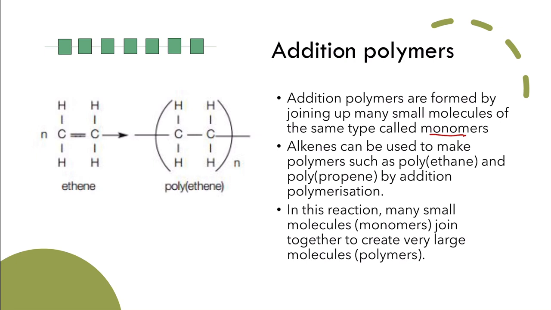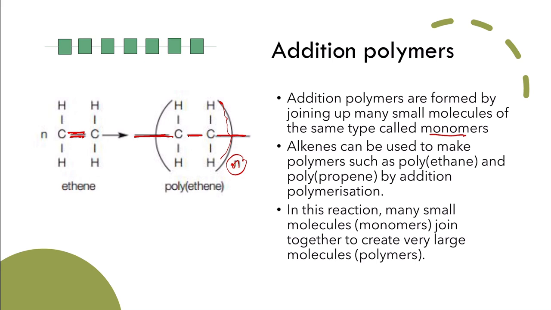To draw the structure of the polymer from the monomer, what you need to do is remove the double bond from the alkene and replace it with a single bond, and then add extra single bonds to both sides of the carbon atoms, and then you add the brackets and the letter n, which refers to the number of monomers that are added together.